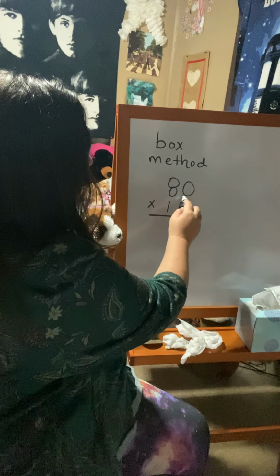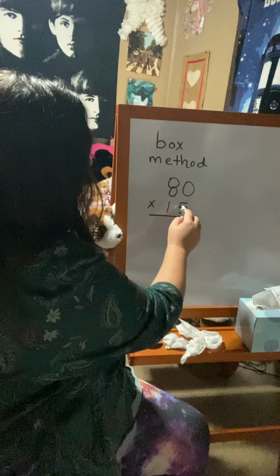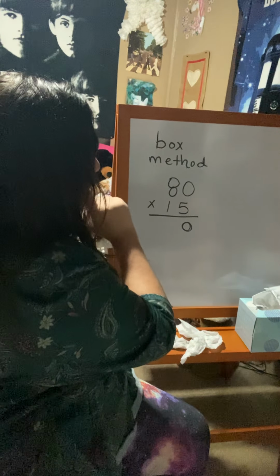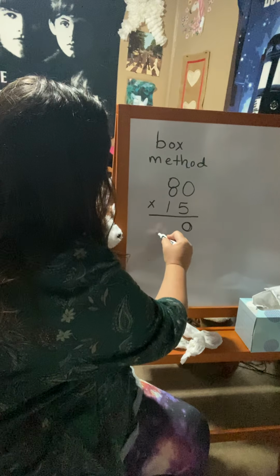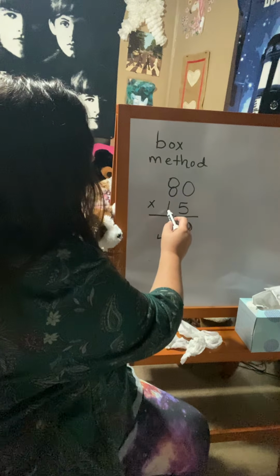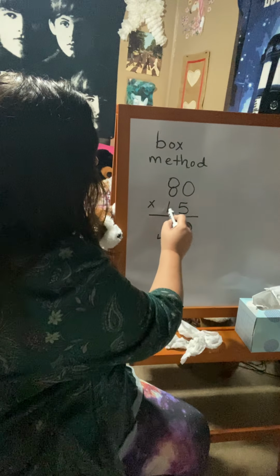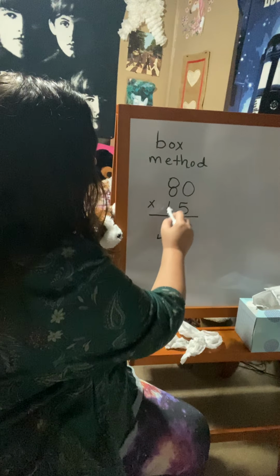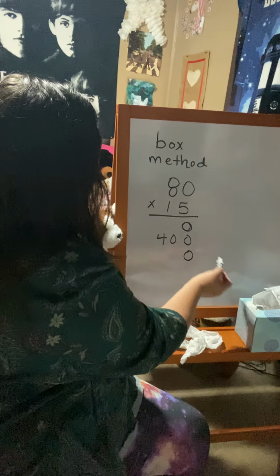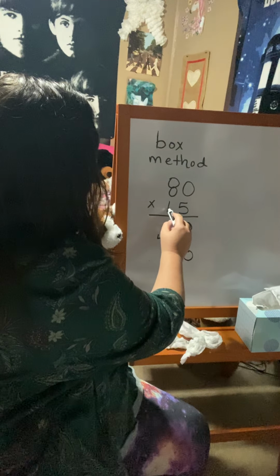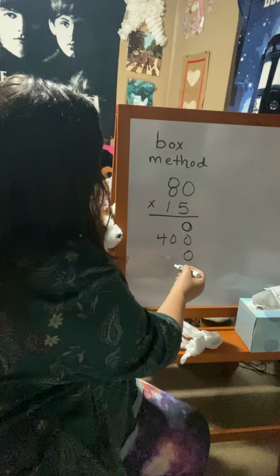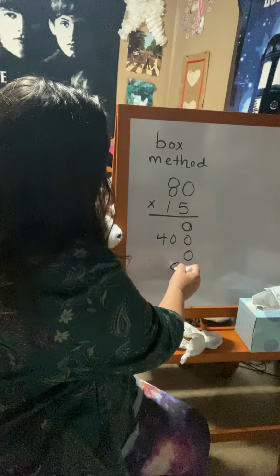No, 5 times 80. That's in the tens column. The partial product of 5 times 80 is 400. Now we're going to do the partial product of 1 times 0. No, 10 times 0. This is in the tens column. 10 times 0 is 0. Now we're going to do the partial product of 1 times 8. No, 1 times 80. 1 times 80 is 80.